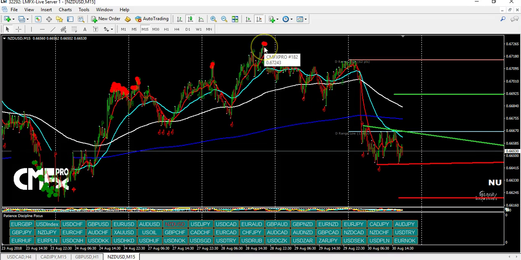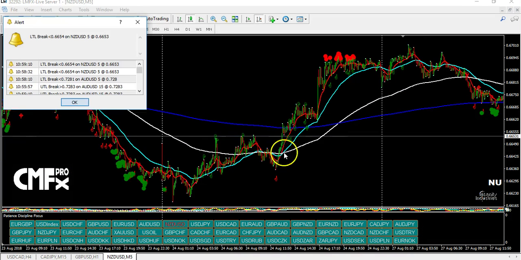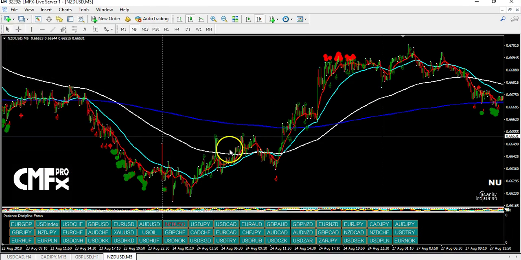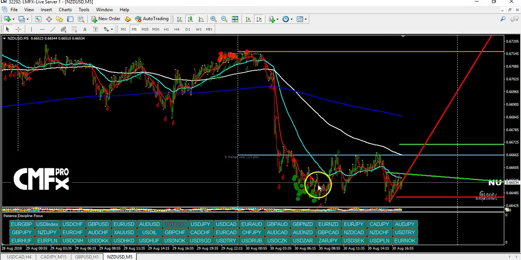Okay, let's get to NU. High exhaustion right here. Can't get no better than that. M15. No exhaustion established yet, but we do have some nice hits to a certain level. I'm confident if you go to this level, I'm not even going to mark it. There it is. Low exhaustion. Came back to that level. Most likely it's going to break this trend line. Where are we at?